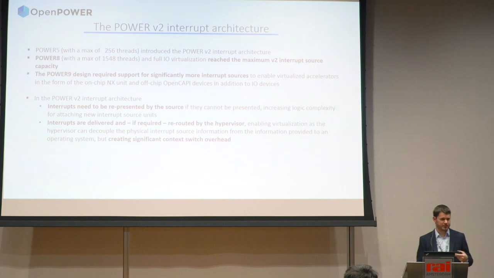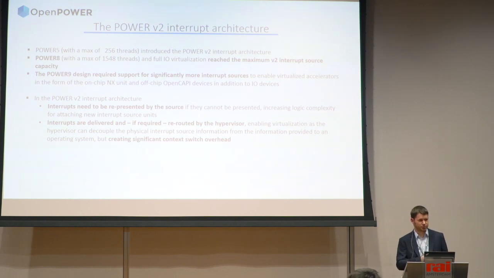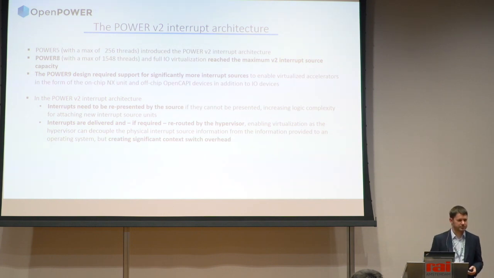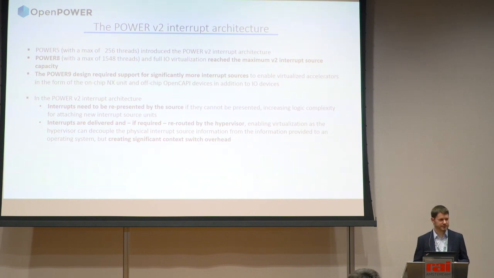On the one hand, from a hardware perspective, if you create an interrupt request, you need to re-present the interrupt if it cannot be presented to a core right away. Basically, if all the cores in the system are already working on an interrupt, or running at a higher priority so that you cannot deliver the interrupt, it was up to the source to re-present the interrupt so that it got accepted and processed.